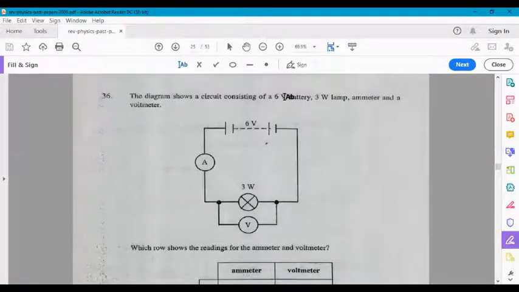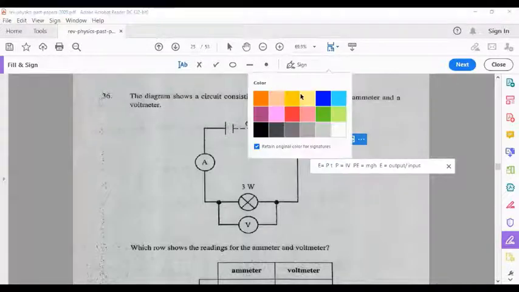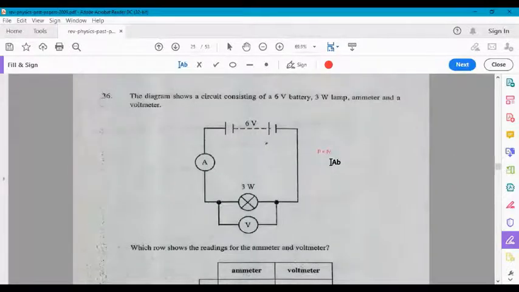We know the voltage and we know the power. So we can use the relationship power is equal to current multiplied by voltage. Just make that a different color so you can see. Okay, we can use this relationship and we're going to transpose that to make the current the subject. So current is equal to power divided by voltage.